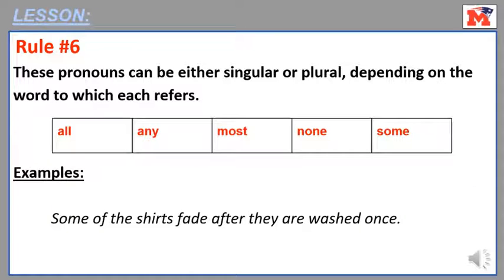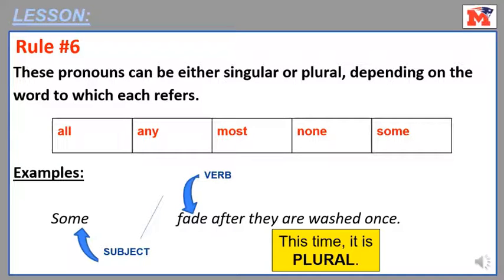Here's a second example. Some of the shirts fade after they are washed once. Once again, we get rid of the words between the true subject and the verb. Of the shirts goes away. Shirts is not our subject.